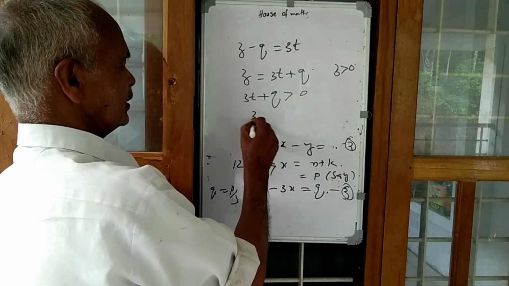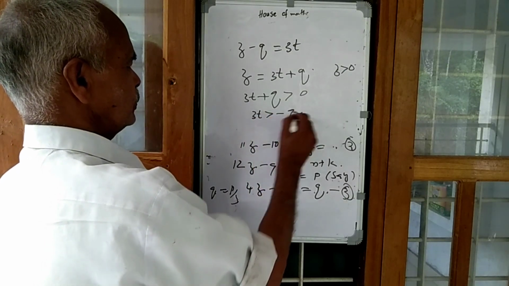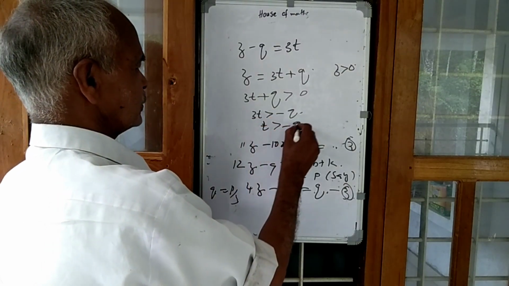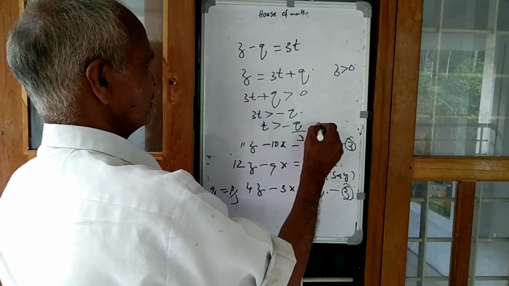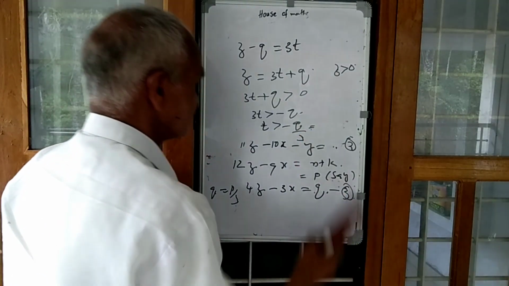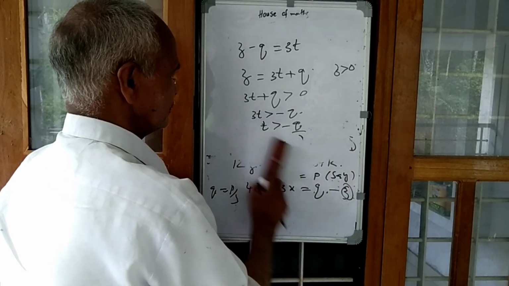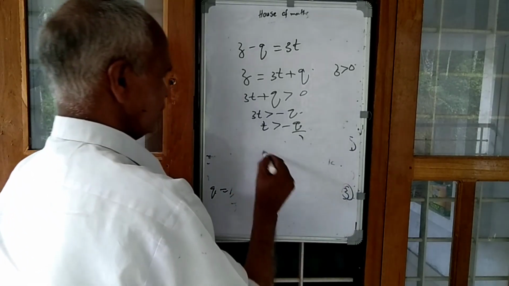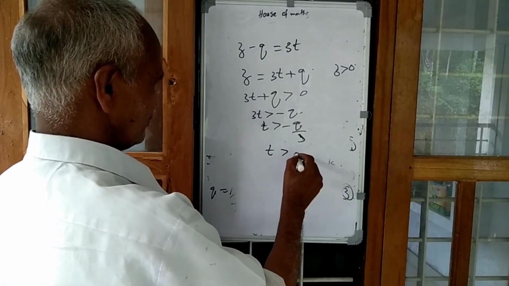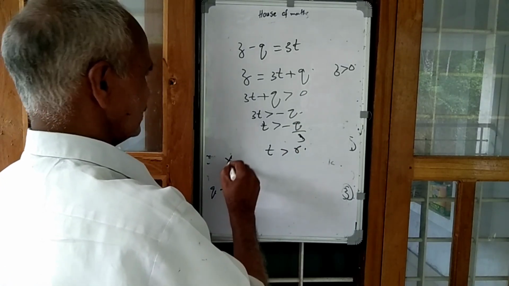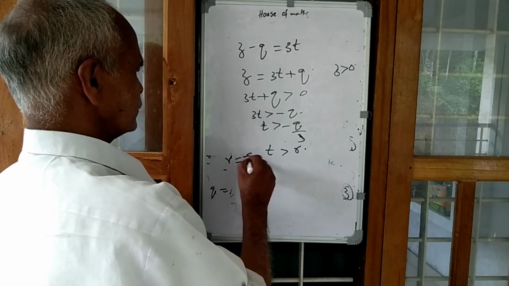That is, 3t is greater than minus q, therefore t is greater than minus q by 3, that is, t is greater than r, where r equal to minus q by 3.